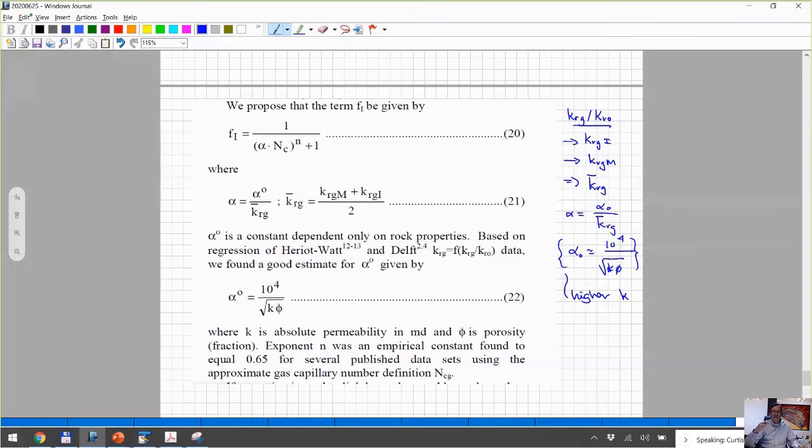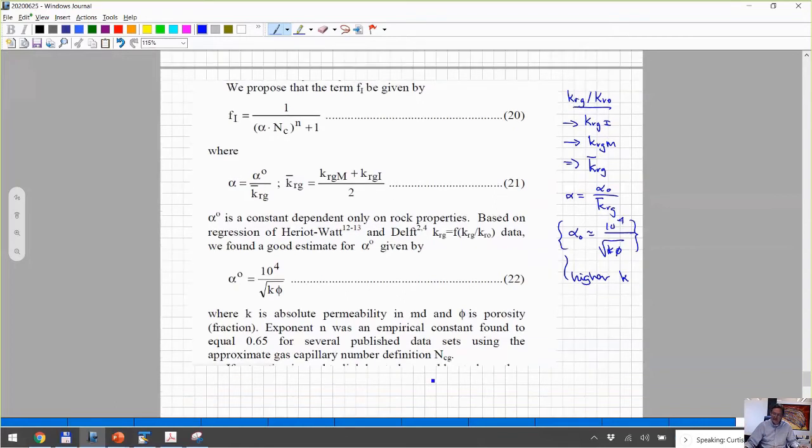Then as time has gone on over the last 20, 25 years, we've looked at lower and lower perm rocks. I'm going to ask Singh, we haven't republished a correlation, but this alpha 0 for lower perm rocks should be modified. That 10 to the 4 should be changed to something else. I don't remember the number. We'll get that from Singh here in a little bit, unless he jumps in.